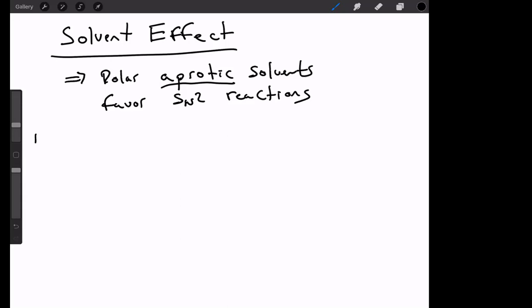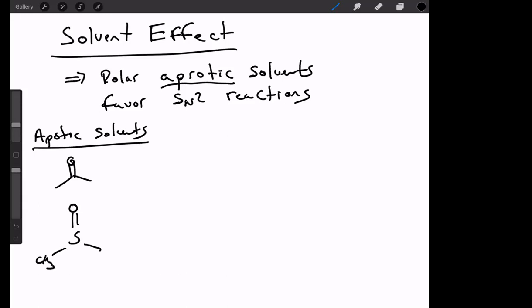Let's think about some aprotic solvents: something like acetone, something like dimethyl sulfoxide, something like acetonitrile. Notice there are no acidic protons on any of these species. DMF, dimethyl formamide.